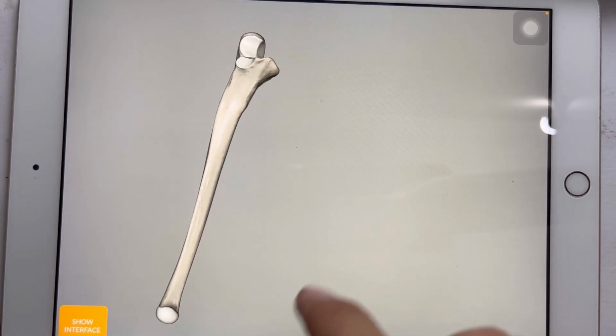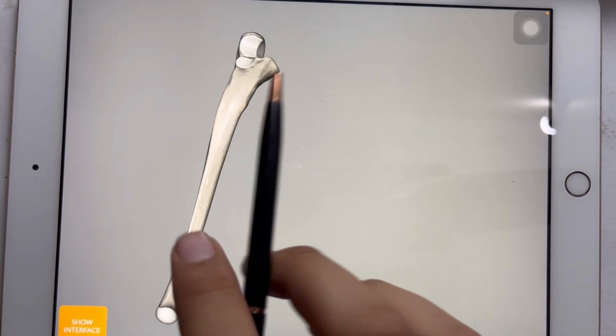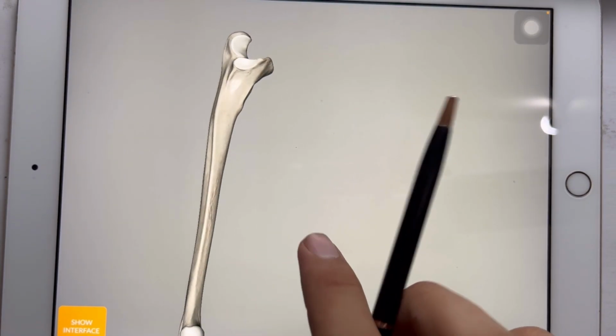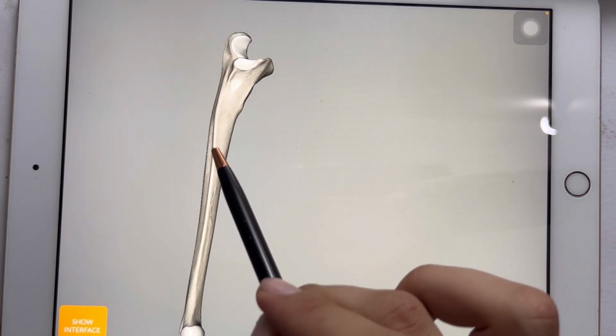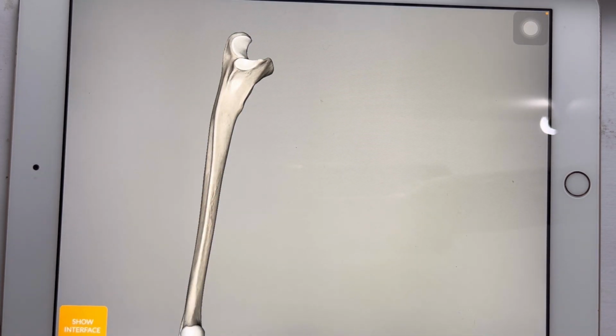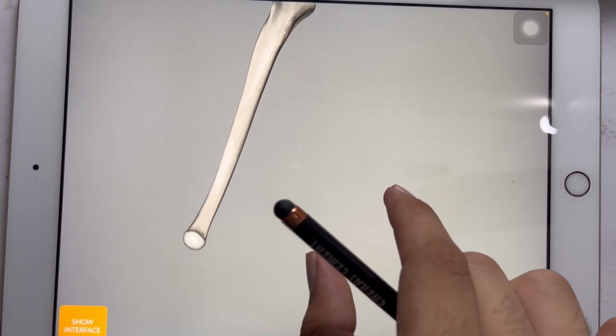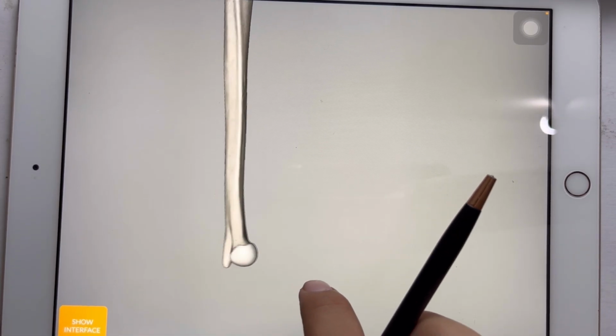Now student, at the shaft of the ulnar bone, here we have again a narrow crest. This narrow crest is called the interosseous border. Now student, moving toward the distal extremities of the ulnar bone, here we have a round head and a styloid process.